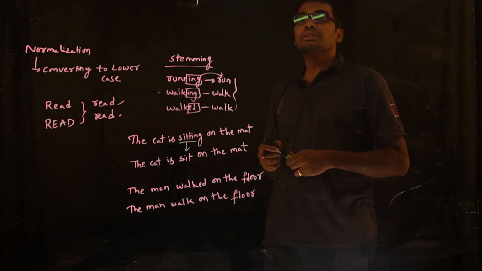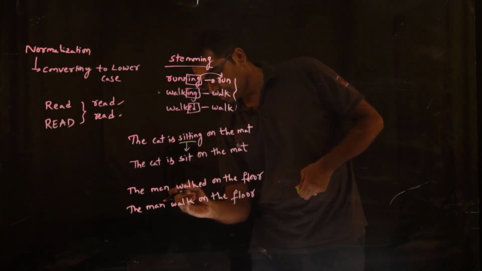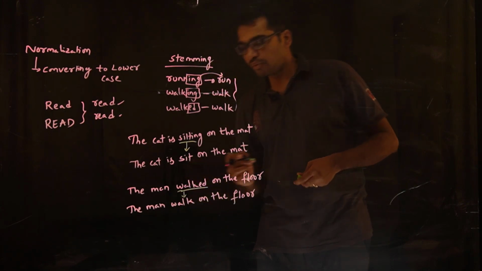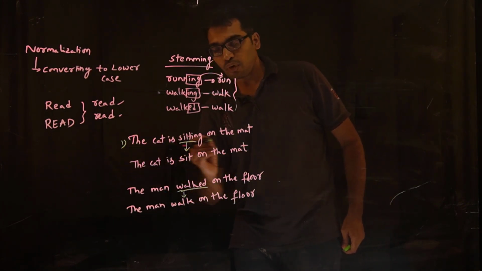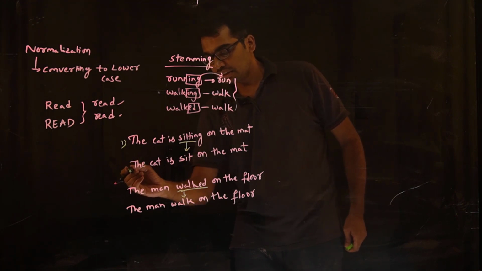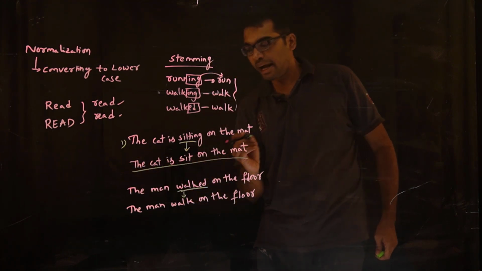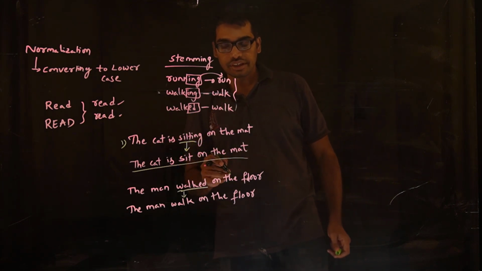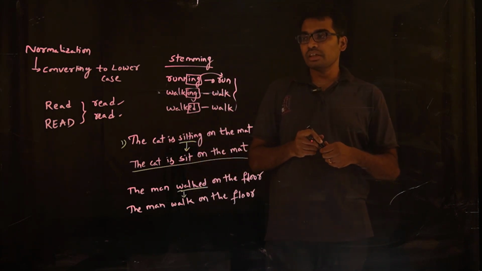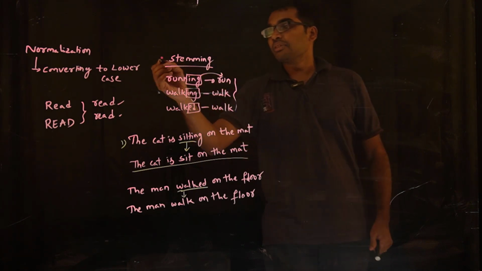These are stem conversions. Walked is converted to walk. So the first sentence is before stemming, and the next sentence, like the cat is sit on the mat, is after the stemming we performed on the same sentences. So that's the usual way. The second technique is stemming.